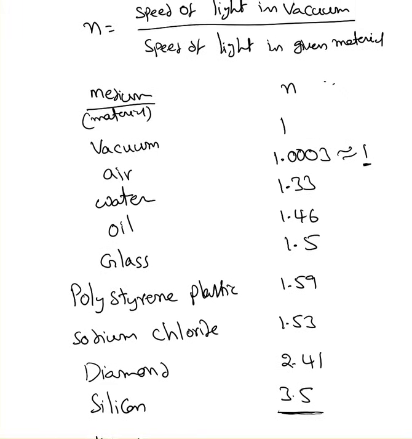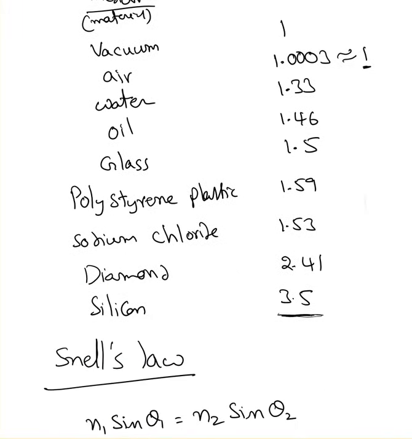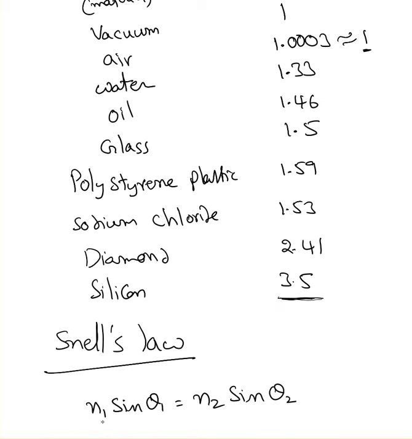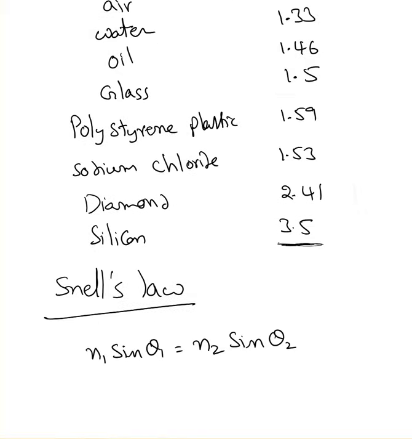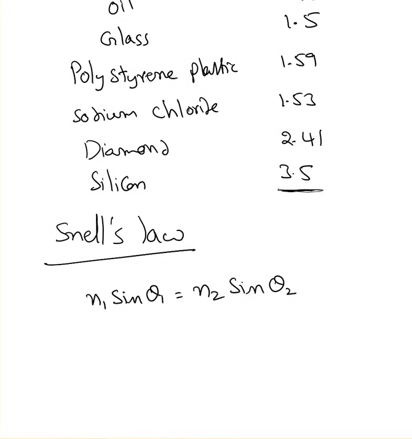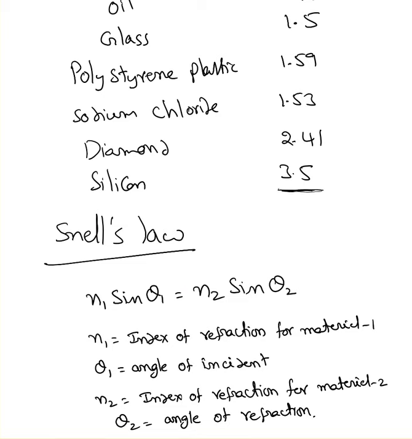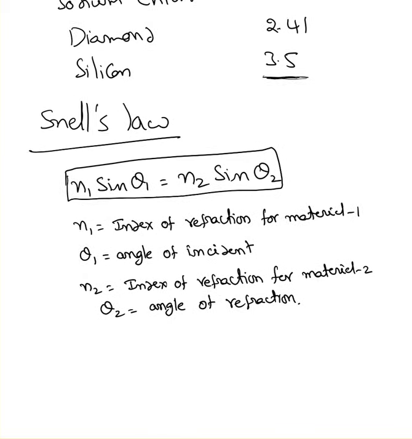Here n is the index of refraction. n1 is the index of refraction in material 1, and n2 is the index of refraction in material 2, theta 1 is the angle of incidence and theta 2 is the angle of refraction. So Snell's law is nothing but n1 sine theta 1 equals n2 sine theta 2.